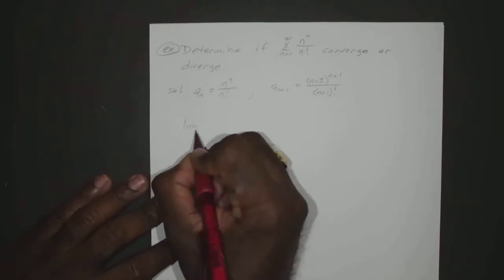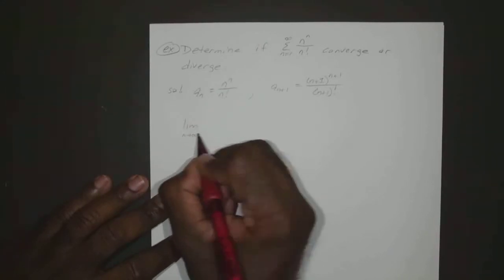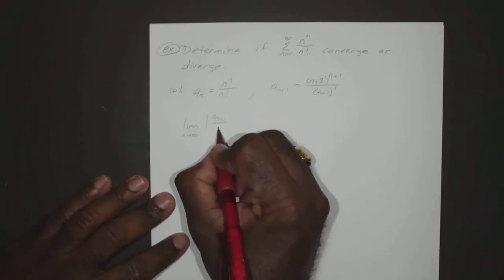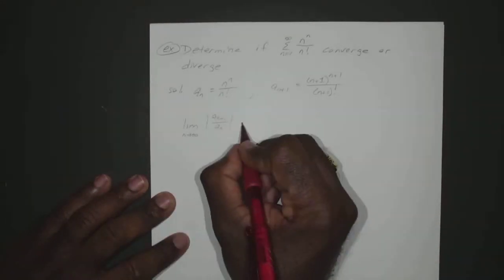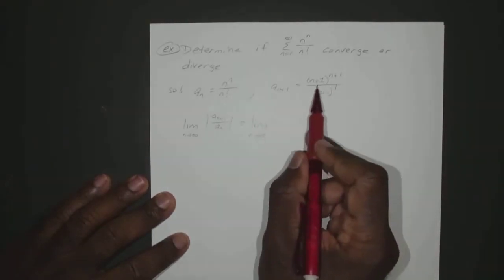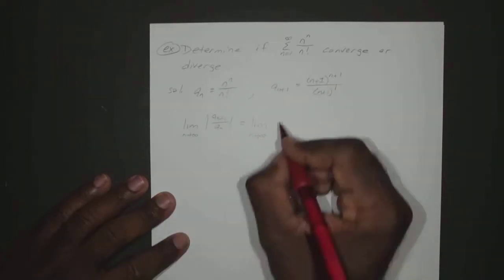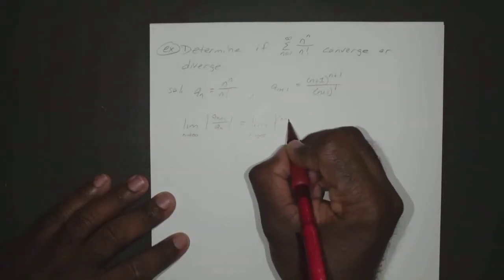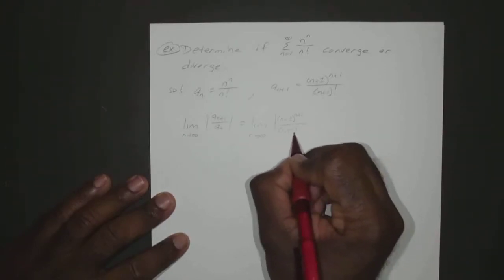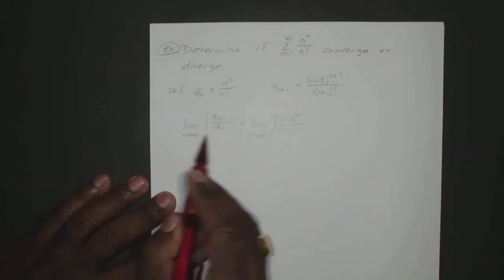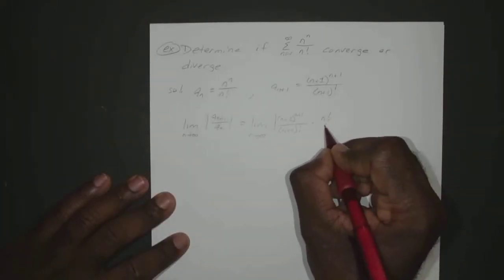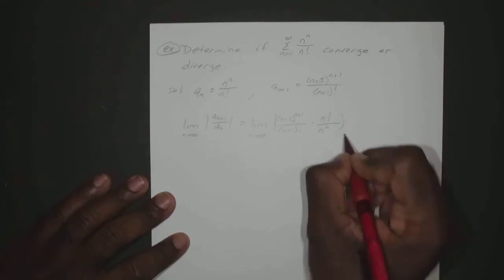Okay, so that means our limit as n approaches infinity of the absolute value of a sub n plus 1 over a sub n is equal to the limit as n approaches infinity of (n plus 1) to the n plus 1 power over (n plus 1) factorial divided by a sub n, so we just take that one and flip it, n factorial over n to the nth power.